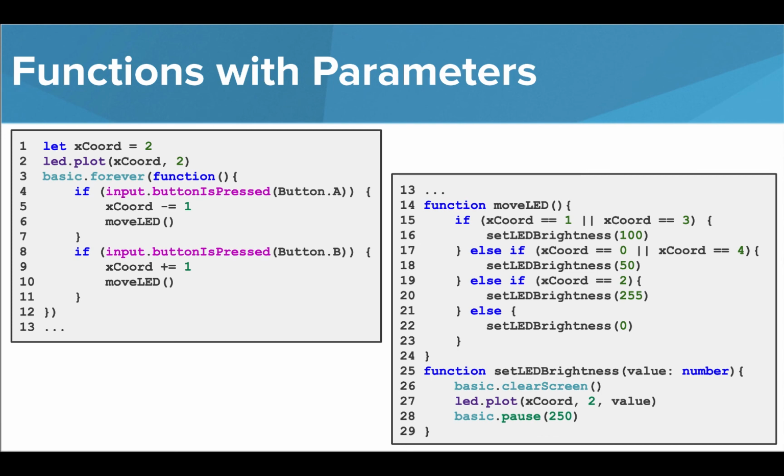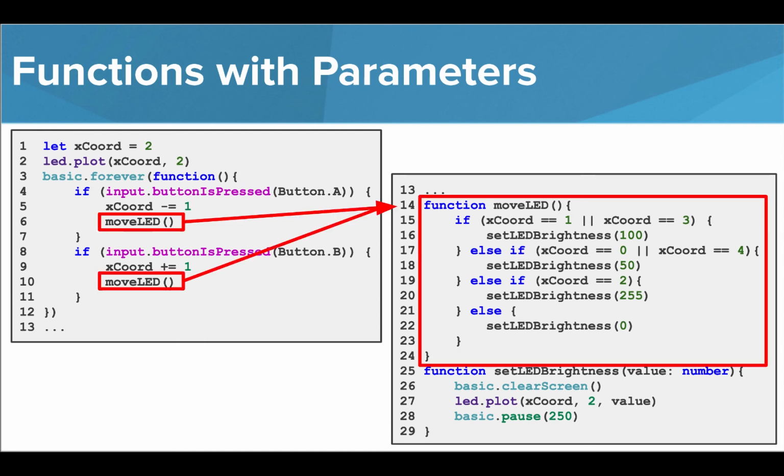Let's look at an example. If we wanted to change our previous program to make the LED less bright as it moves away from the center, we can make these alterations and use parameters. When a button is pressed, we are first calling the moveLED function. You'll see that this function does not take any parameters, but uses the value of the x coordinate to call the setLED brightness function using different values as arguments.